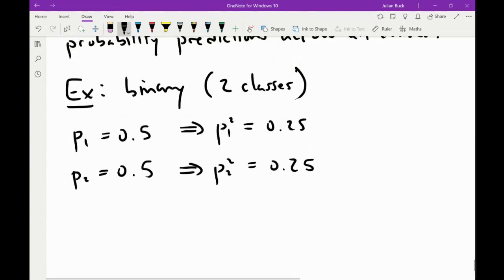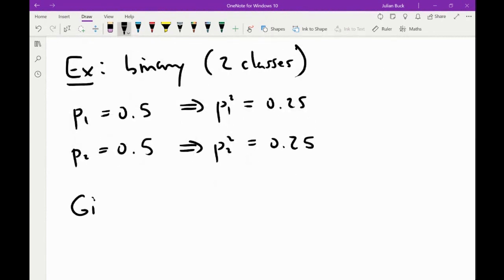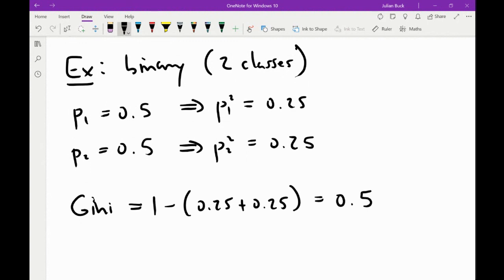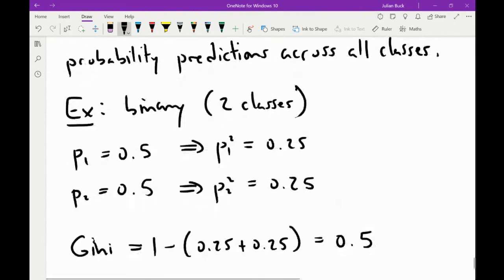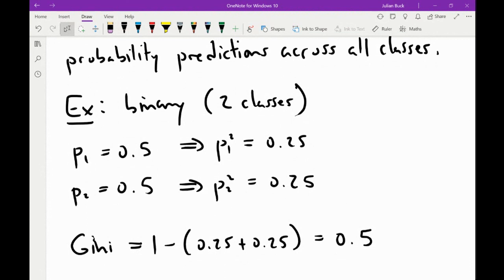And then the Gini index is given by 1 minus the sum of those squares, 0.25 plus 0.25, which is equal to 0.5. So that's in some sense then the extremes. Usually, of course, you'll land somewhere in between those, rather than making perfectly optimal predictions versus predictions that essentially give no information. They're just coin flips.